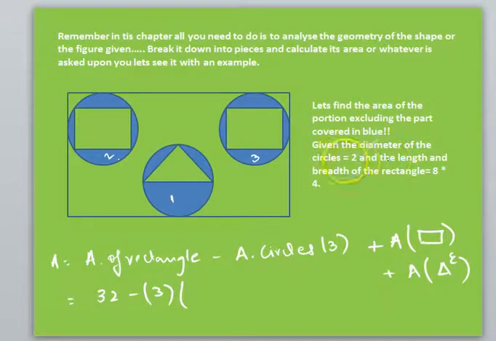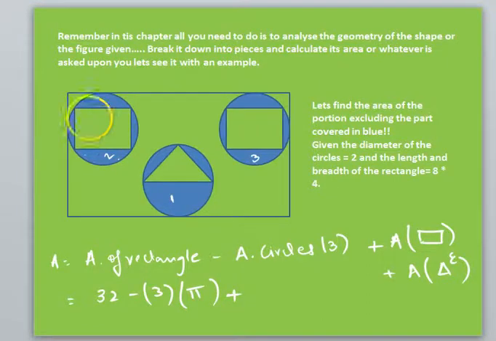The diameter of the circle is given as 2 meters, so my radius becomes 1, and 3 times pi r square becomes 3 times pi, as r square is 1, plus the areas of the smaller squares.